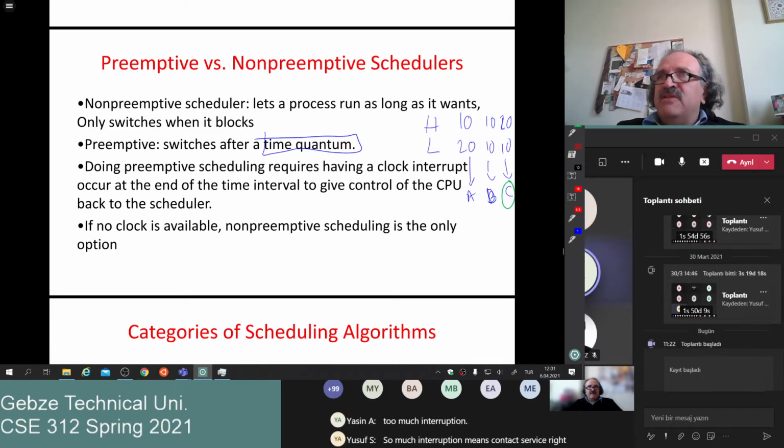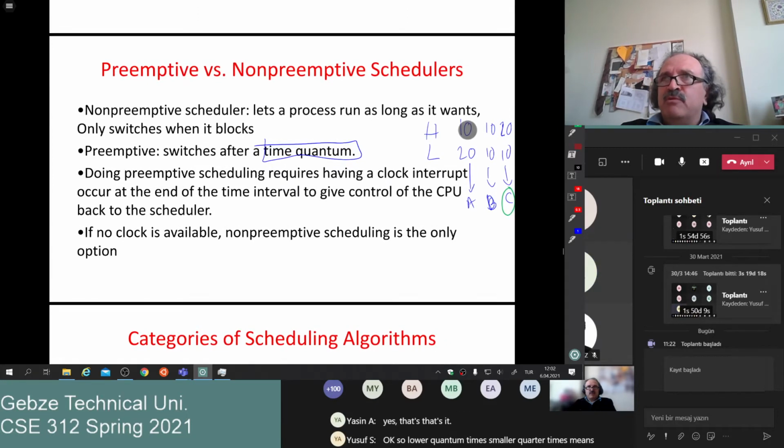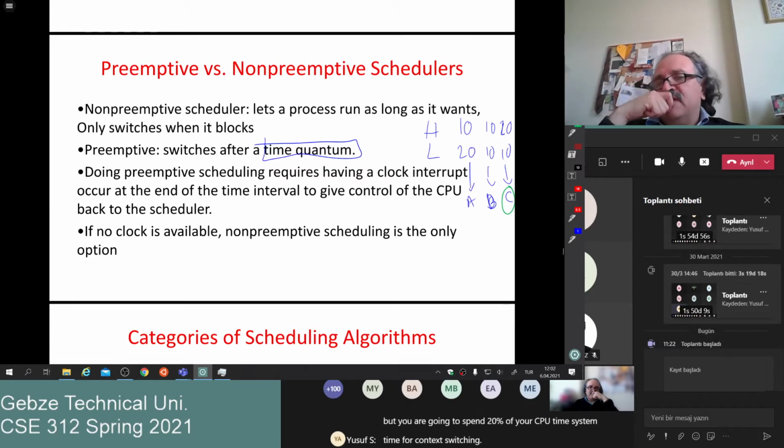And context switch is expensive. Yes. Smaller quantum times mean that there will be lots of switching. Lots of switching is good for interactivity and responsiveness, but you are going to spend 20% of your CPU time, system time, for context switching. That's not efficient.